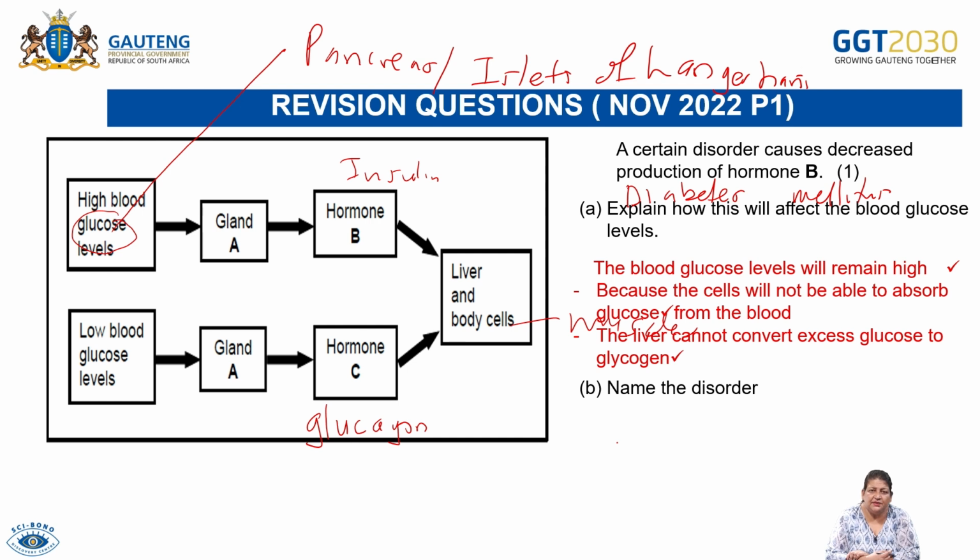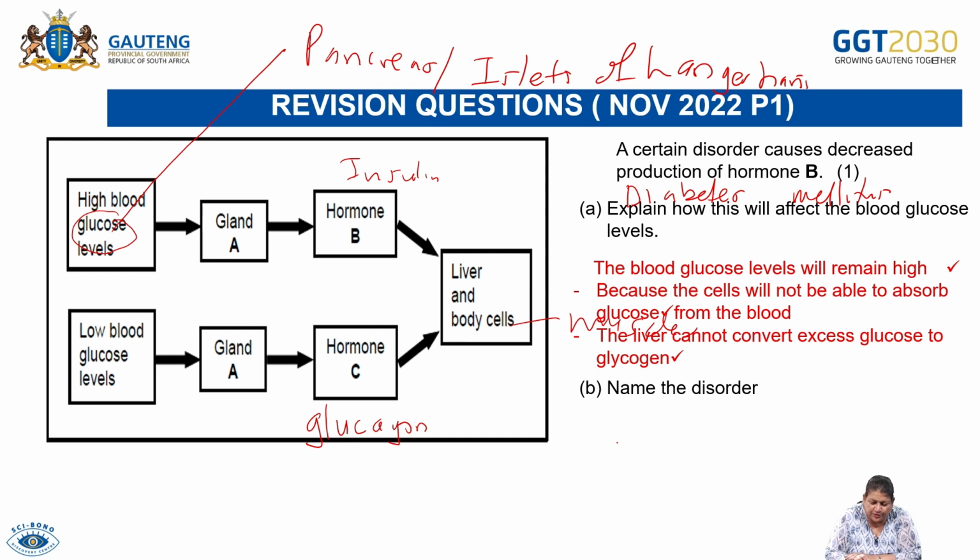And what is diabetes mellitus? It is the disease caused when the glucose level is very high and cannot be converted into glycogen and stored because there is a deficiency of insulin. So when there's a deficiency of insulin, the high glucose levels cannot be converted into glycogen and stored in your liver and muscles.